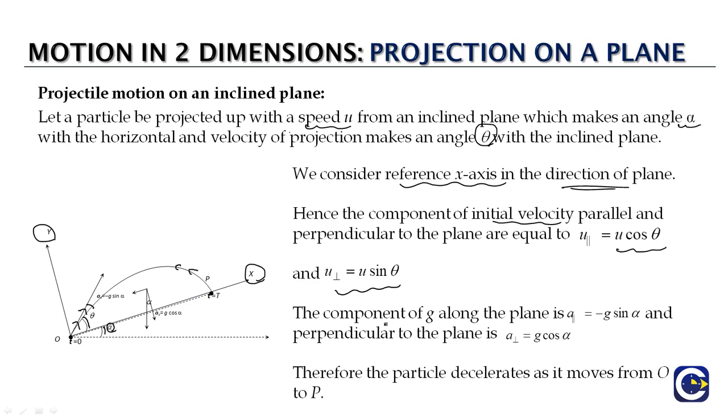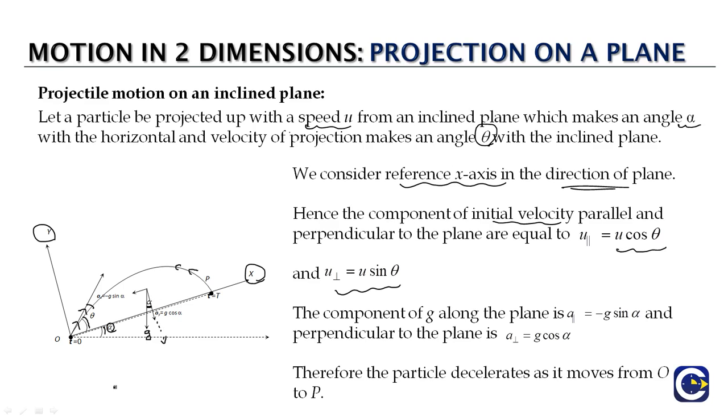Similarly we know that in the case of the oblique projectile, the acceleration of the projectile is vertically downwards g, but here since the directions we are taking are along the plane and normal to the plane, we will have to resolve the g. So g will be vertically downwards, and if alpha is the angle made by the inclined plane with the horizontal, the angle between the vertical and the normal to the plane also will be alpha.